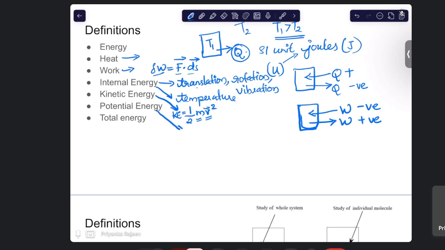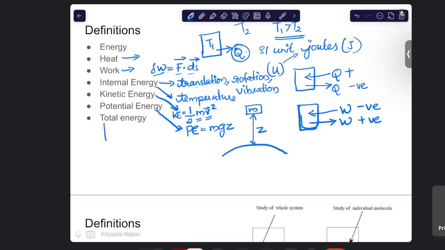And if a mass is kept in a field such as a gravity field, at a distance z normal to the field, for example, this is earth and it has a gravitational field, and you measure a distance z and keep a mass m over here, then by virtue of this position the mass will have a potential energy mgz. So this is kinetic energy and potential energy.